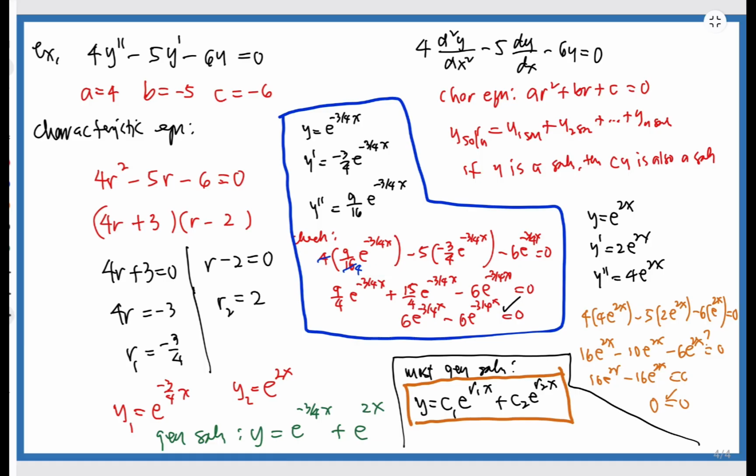Okay, so let's have another example. Example 2. Say 1 y double prime plus 3 y prime minus 10 y equals 0.